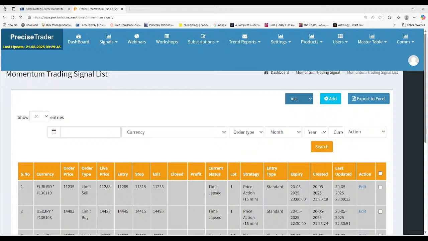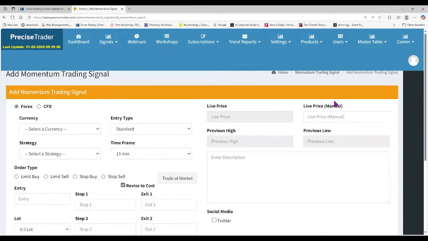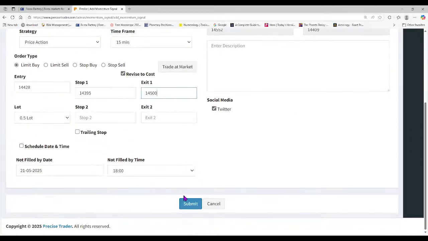So we are going for a buy, and this is a market trade. So 144.28, and put a stop at 143.95, sorry, 143.95. And TP is 144.80 or 145, and this is half lot.